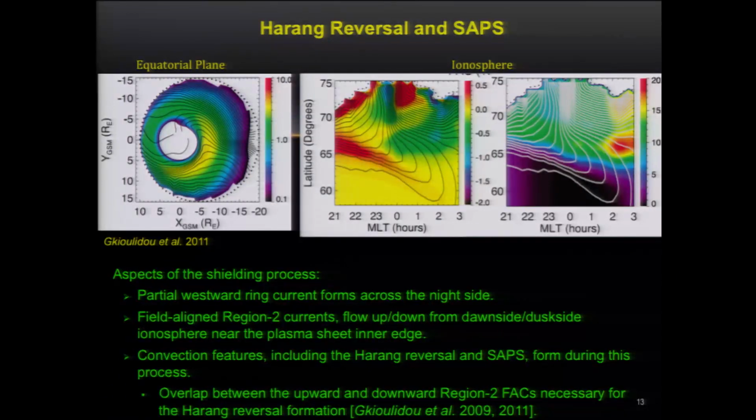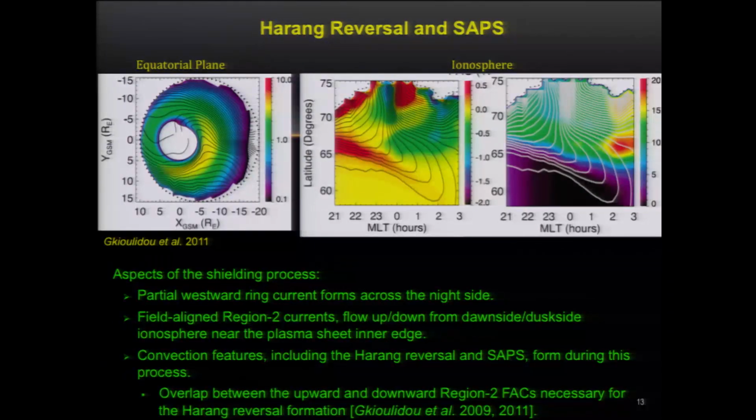So you can see a very interesting convection feature called Harang reversal forms here. That's a skewing of the convection pattern, deviating from the two-cell convection pattern that you would imagine based just on solar wind and IMF driving. And this overlap between the upward and downward Region 2 field-aligned currents is suggested to be important for the formation of this phenomenon. At the same time, this downward Region 2 current maps to a low conductance region in the ionosphere.